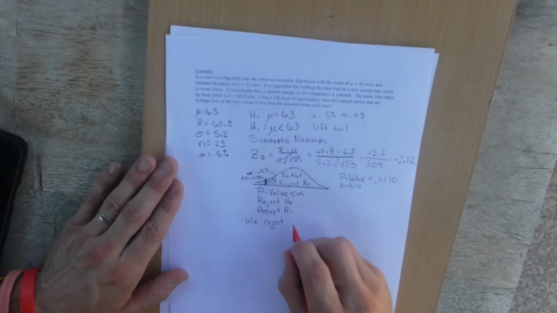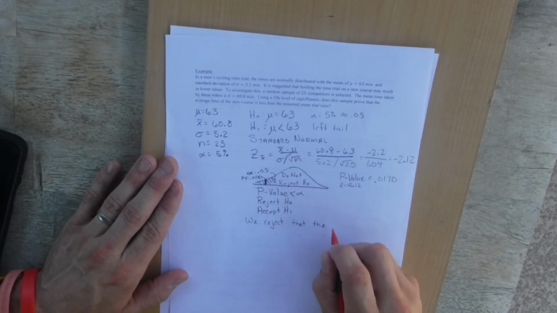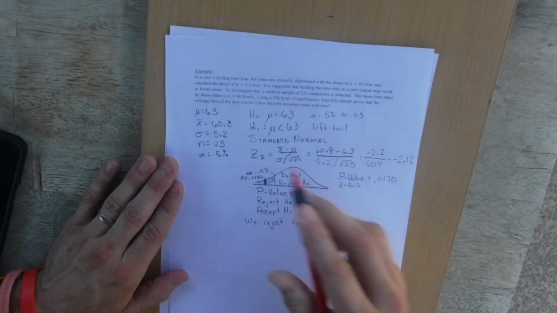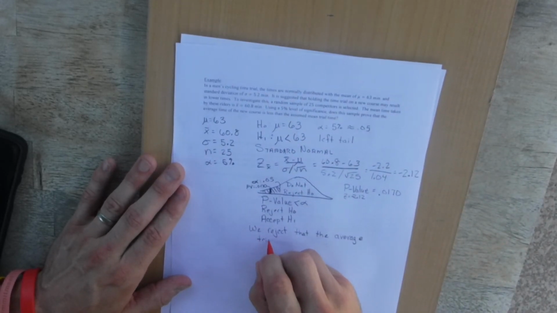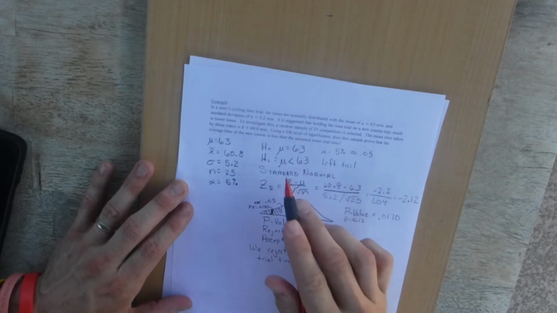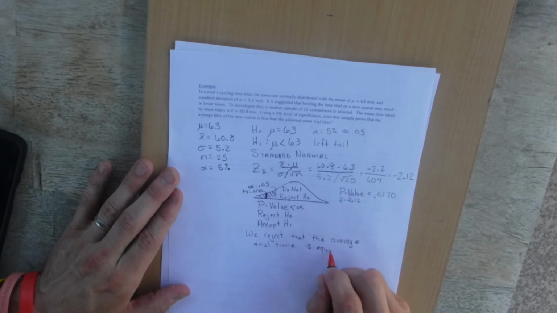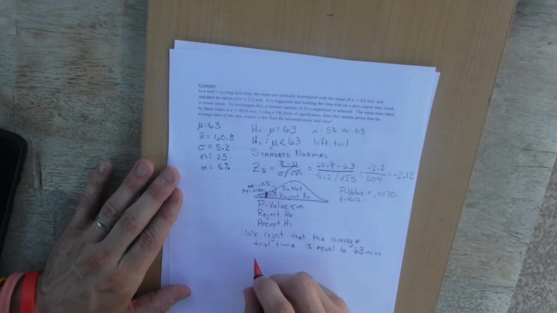So we reject that the average, this is a time trial, so trial time, so we reject that the average is equal to 63 minutes.